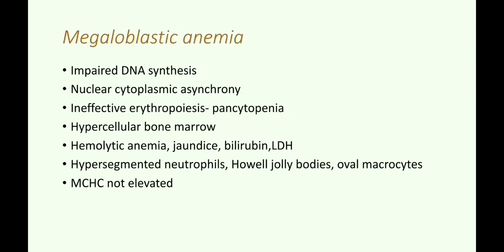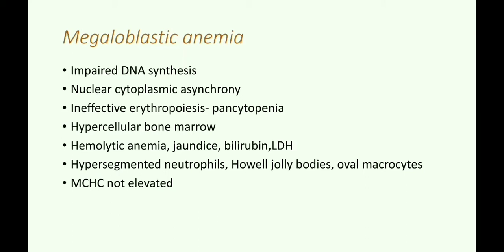First of all, when we talk about megaloblastic anemia, we have already studied macrocytic anemia. We must know the difference between macrocytic anemia and megaloblastic anemia. In macrocytic anemia, there will be an increase in the size of RBC.